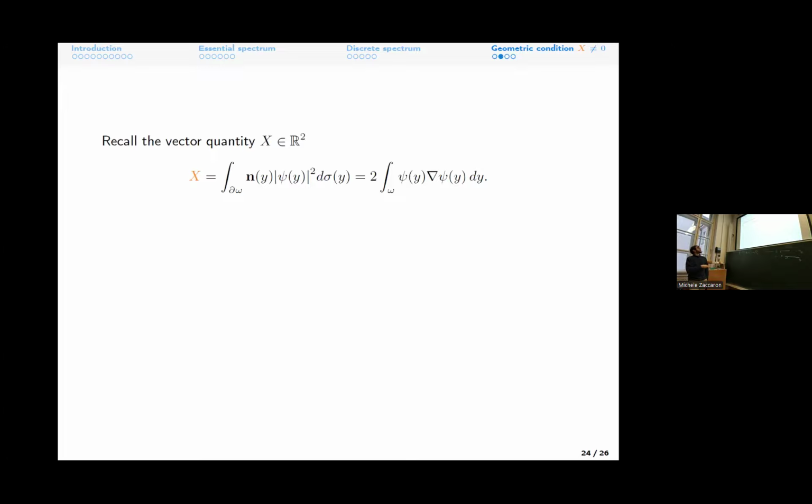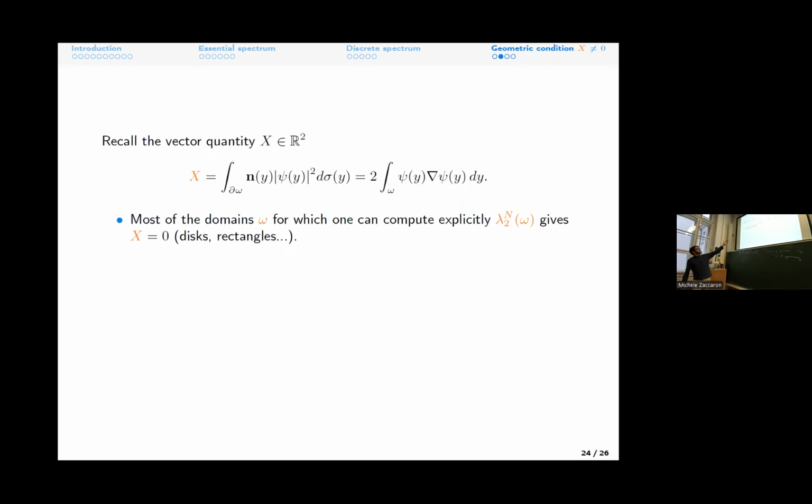X, which I call it here, is this 2D vector quantity depending only on the cross section. So one can, by integration by parts and the divergence theorem, recast it as a volume integral. Most of the domains for which we can compute the Neumann Laplacian eigenvalues and eigenfunctions explicitly usually present a lot of symmetries.